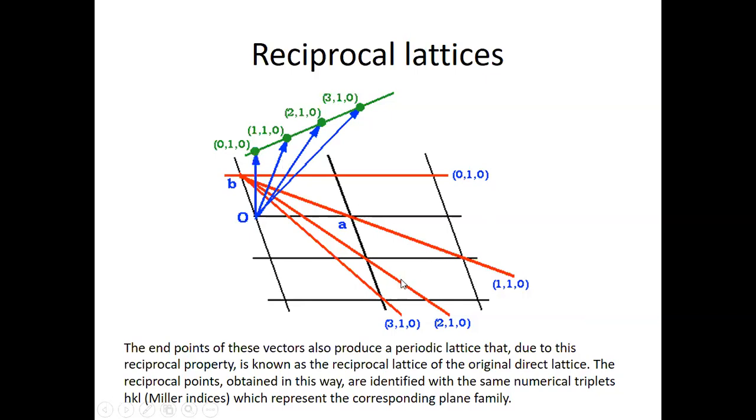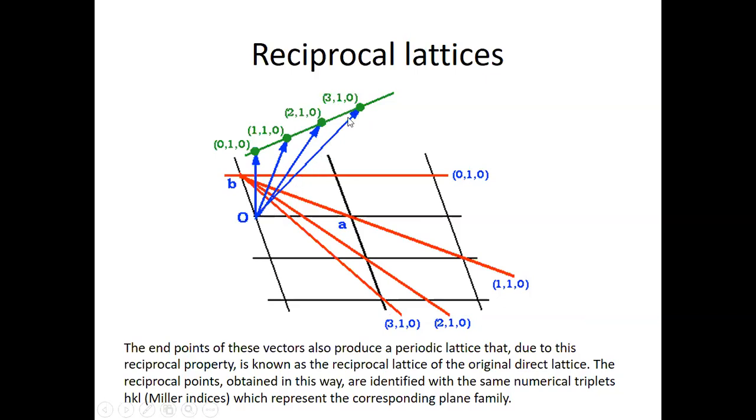Now we can do this with the other lattice planes that we have considered here as well. For the 2, 1, 0, our vector would need to stand perpendicular to the 2, 1, 0 plane but be even longer than this one, because the interplanar distance will be even shorter. And the interplanar distance between the 3, 1, 0 lattice planes is even shorter than for the 2, 1, 0 lattice planes. Therefore, this vector here will be even longer.